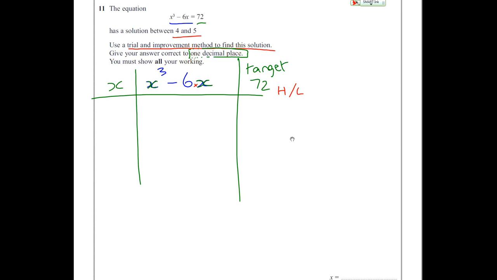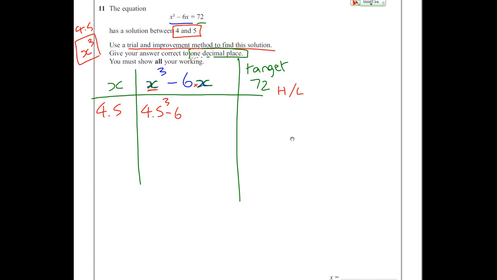Right, because our answer is between 4 and 5, let's go bang in the middle at 4.5. And what you type into your calculator is 4.5 cubed. I'm going to do it now with you. Find a little button. It actually says x cubed. So you press 4.5 and then that button, and it cubes it for you.